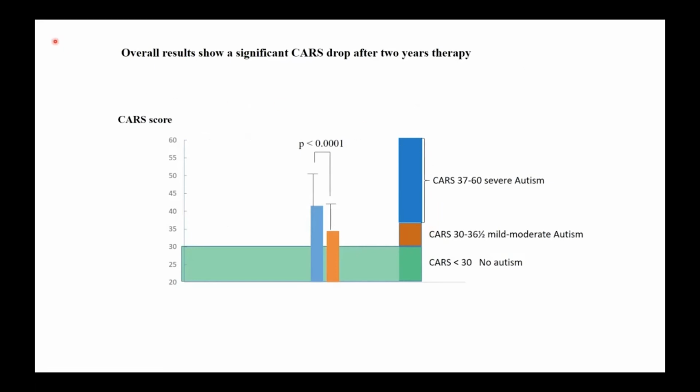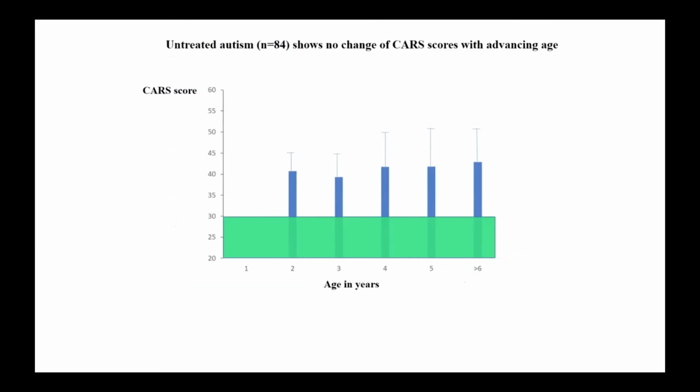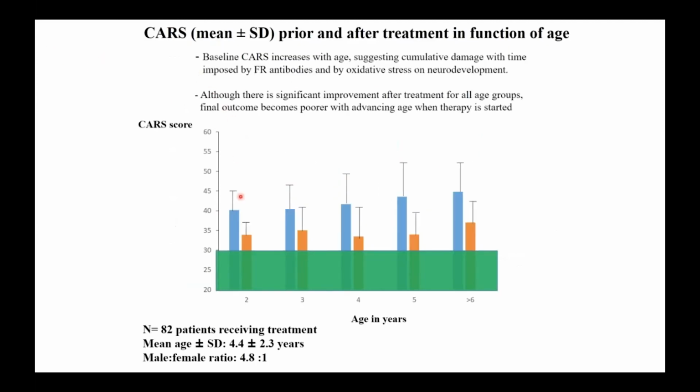And you see there was a significant drop after 2 years of treatment. So the untreated group didn't show any change of their CARS score with advancing age, whereas the group having treatment showed at each age group a significant drop.